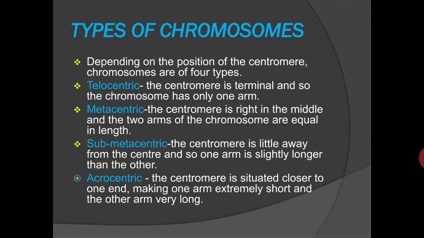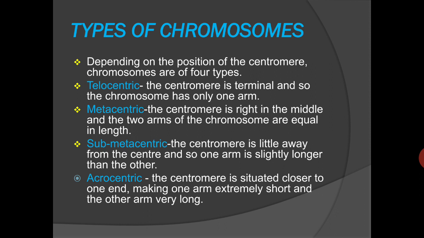On the basis of the centromere, we know that each and every chromosome has two arms, and in between the two arms there is a disc-like structure called the centromere. But on the basis of the position where the centromere is found, chromosomes are of four types: telocentric, metacentric, submetacentric and acrocentric.